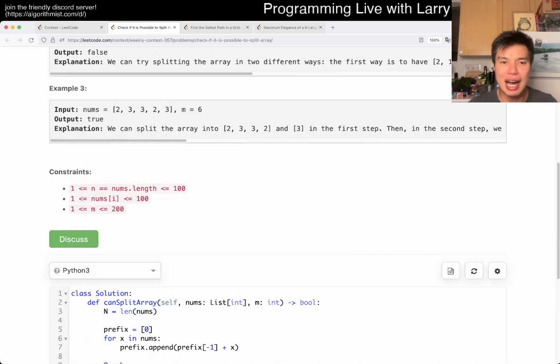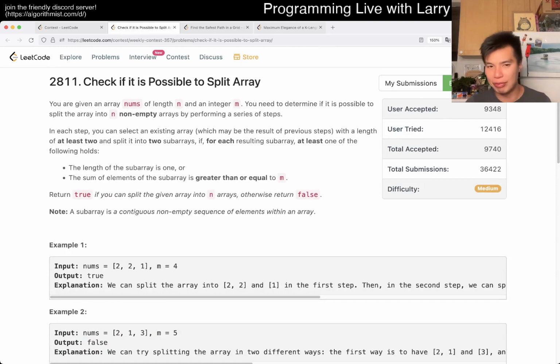The other thing is that there are a couple of ways to arrive at the same solution, but the idea is thinking about, instead of splitting the array, is it possible to merge the array? Starting with one element and then combining them. It turns out that it is always possible if... I think the proof is a little bit tricky.